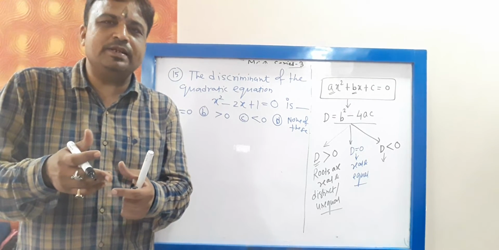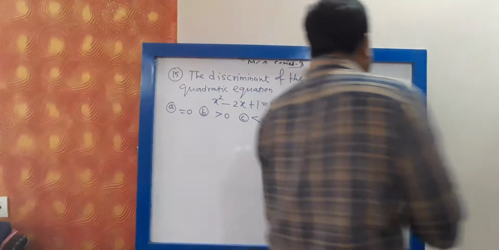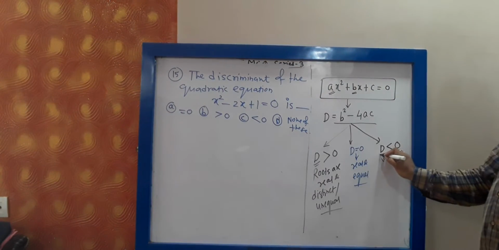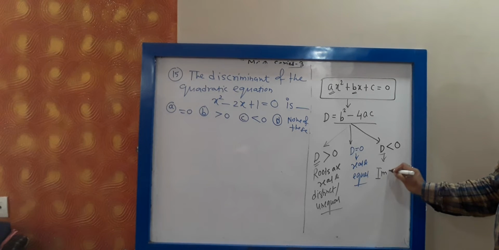If you go into depression, the whole day you start imagining. So same thing: if discriminant D is negative, then roots are imaginary.